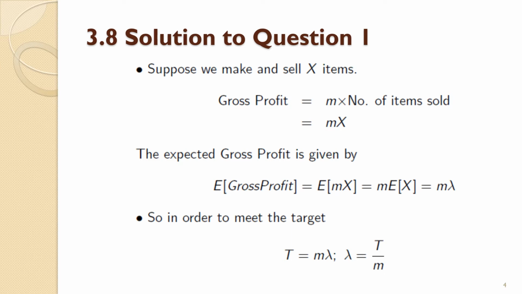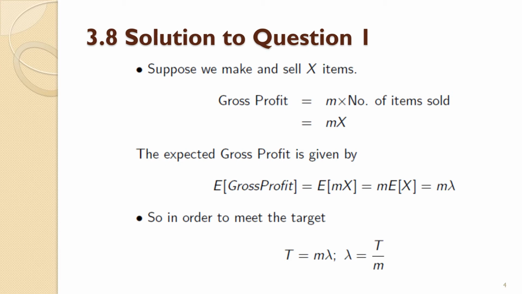So the expected gross profit is given by the expected value of MX, so the mean is just linear. So the expected value of MX is just equal to M times the expected value of X, so equals M lambda in this case. In order to meet this target, what you have to do is set T equals M lambda.